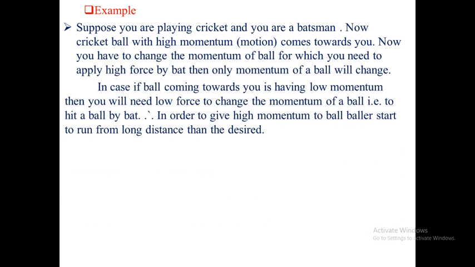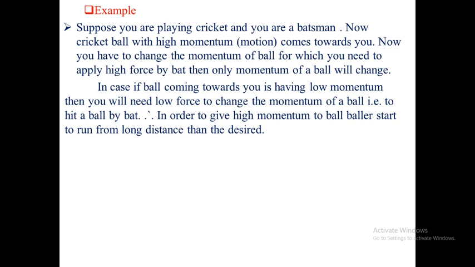Now in the second case, let's say the ball coming towards you has low momentum. Then eventually you will need what? Low force to change that momentum of the ball. That means to hit the ball you will need a small force, because the ball is coming with low momentum.